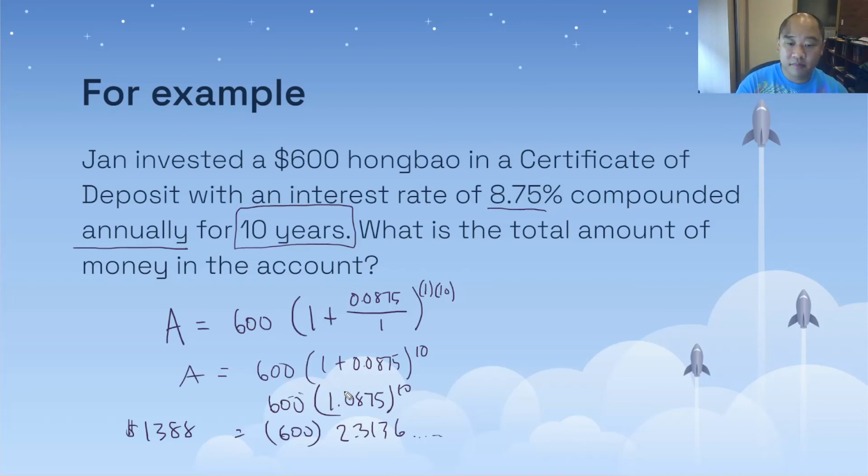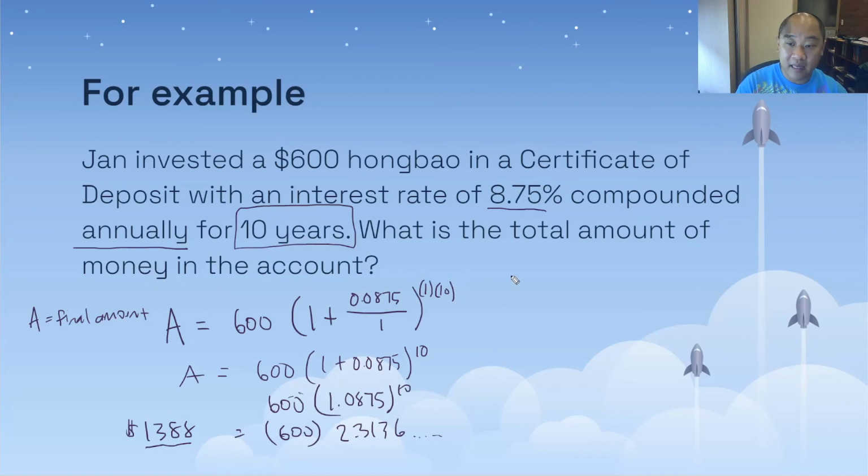So he made $1,388. No, I'm sorry. A is not the compound interest. A is the final amount in his account.